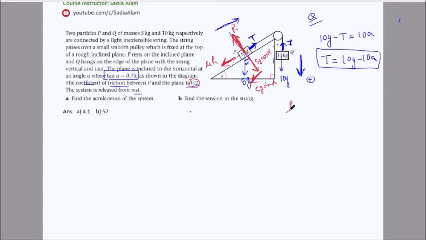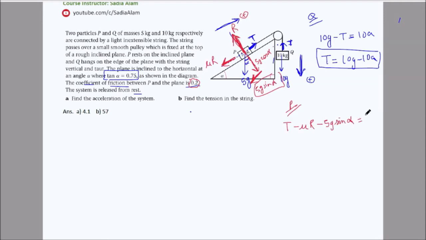If I start writing the equation for P, tension is positive, friction is mu R, and you need to include this one too, the weight is actually resisting its motion, so weight is down the plane, so minus 5g sin alpha equals ma.